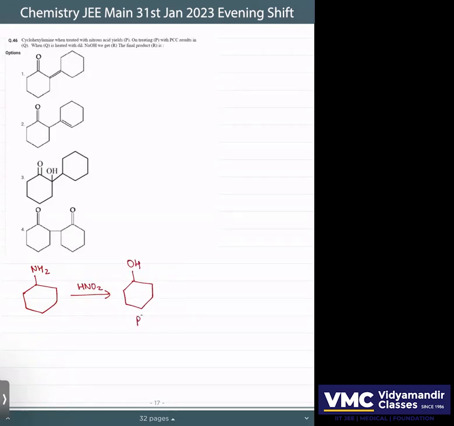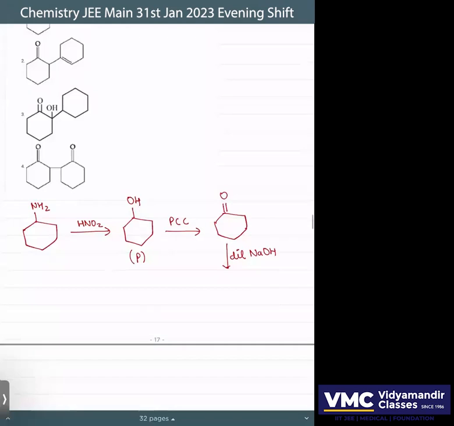On heating P with PCC results in Q. PCC will oxidize OH group to double bond O. We'll get cyclohexanone. And while we react this with further dilute NaOH, this compound has acidic hydrogens, alpha hydrogens present.